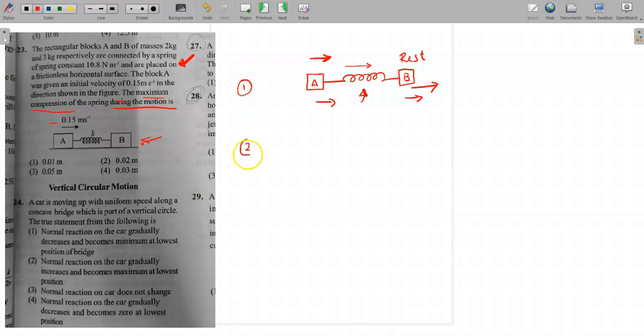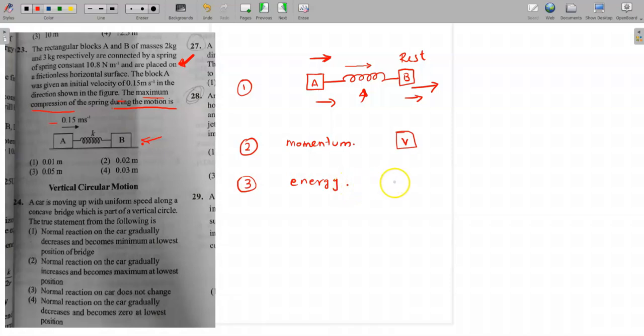Now what is key point 2? Here we are using the conservation of momentum. Using this, we will find the velocity of these two blocks after collision. And number 3, we are using conservation of energy.